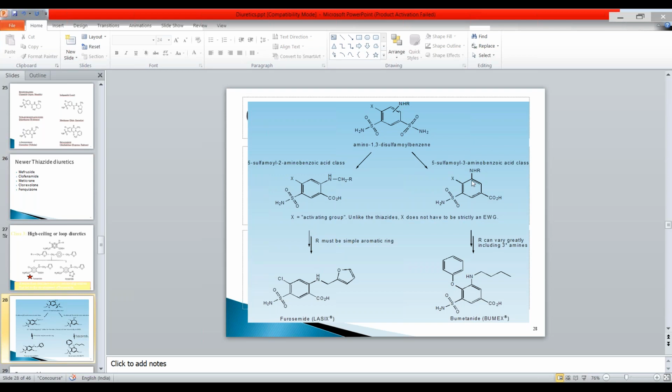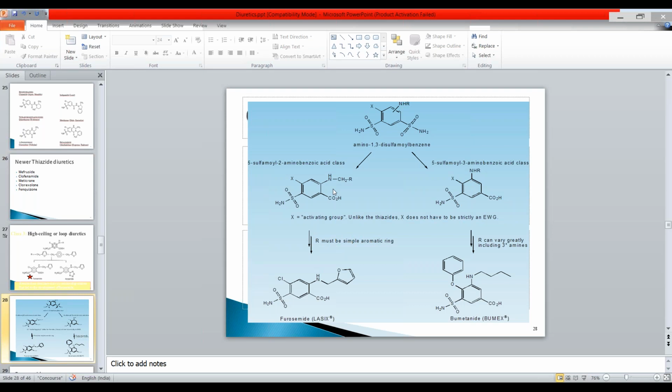So here you have the amino group at second position, here you have the amino group at the third position. That is the difference. In both the cases, the sulfamoyl group is at fifth position only and X is at the fourth position. So this is the only difference, the amino group placement.